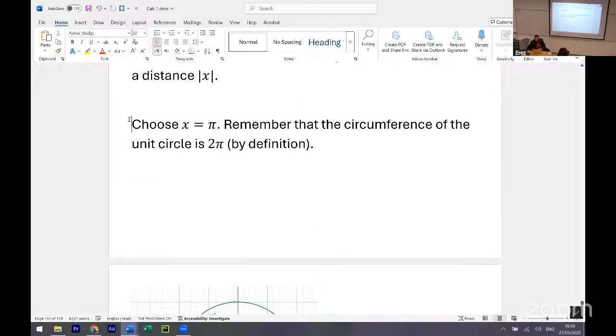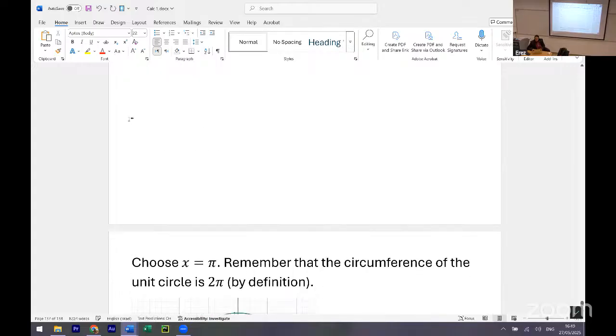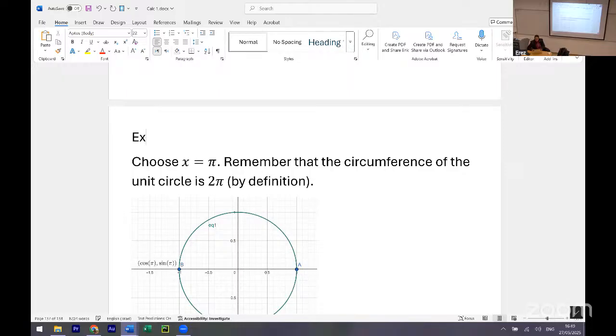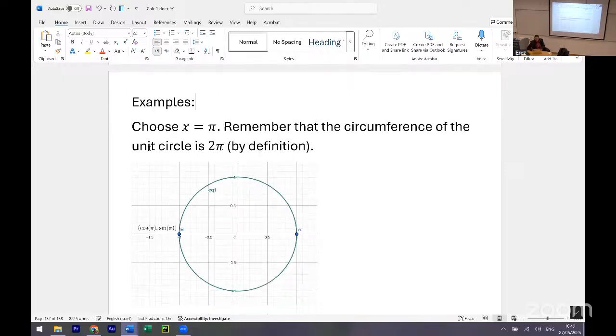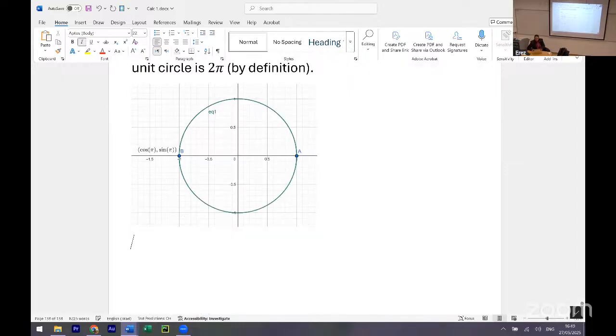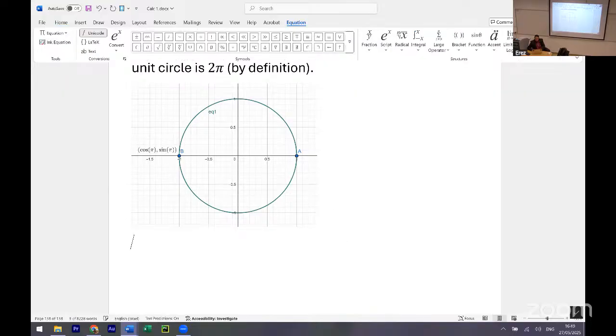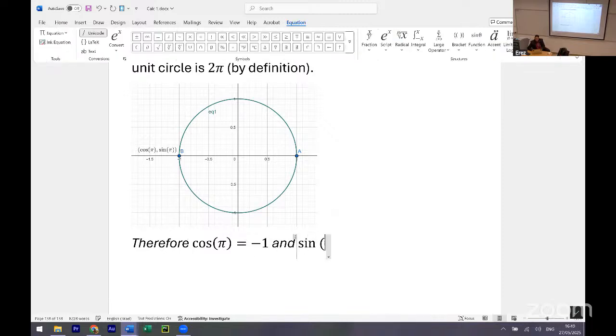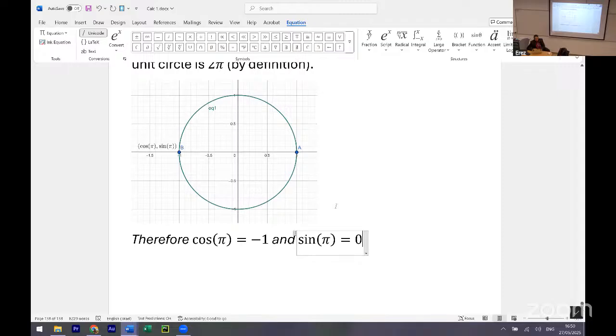It's -1, because it's the x value here. Therefore, cosine of pi is -1. And the sine of pi, what is that? 0. Okay, great. Question, yes, Sam.